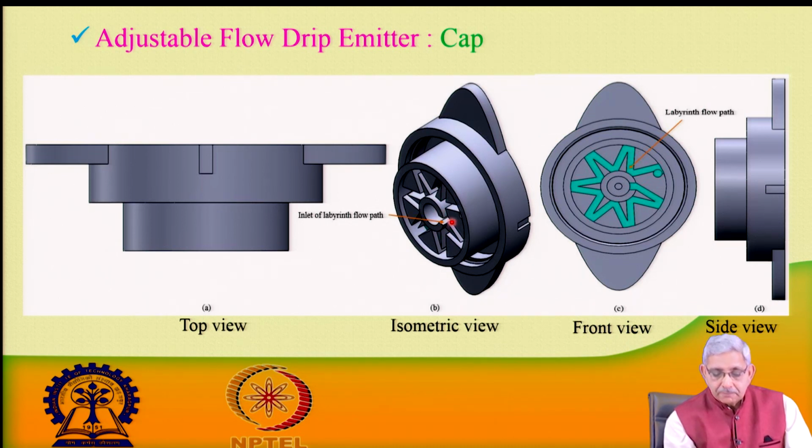In this component, water comes from the barb and then moves into this one. You can see the water coming here, passing through this zigzag labyrinth path, and finally being dispensed out. So, these are the different views of the cap part of the adjustable flow dripper.